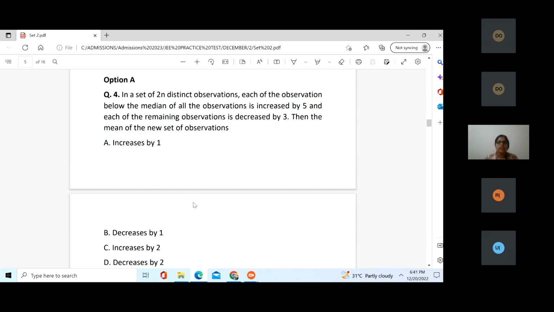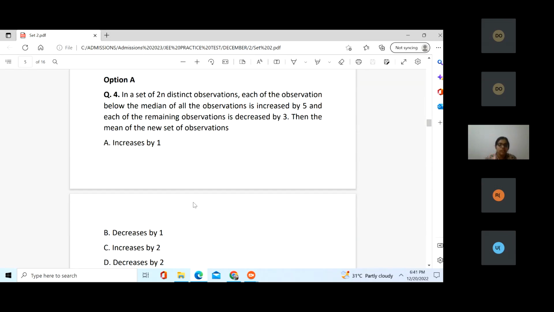And the next part is, each of the observations below the median is increased by 5, and each of the remaining observations is decreased by 3. So I need to find out the median. After that, all the observations below the median are increased by 5, and all the remaining are decreased by 3.